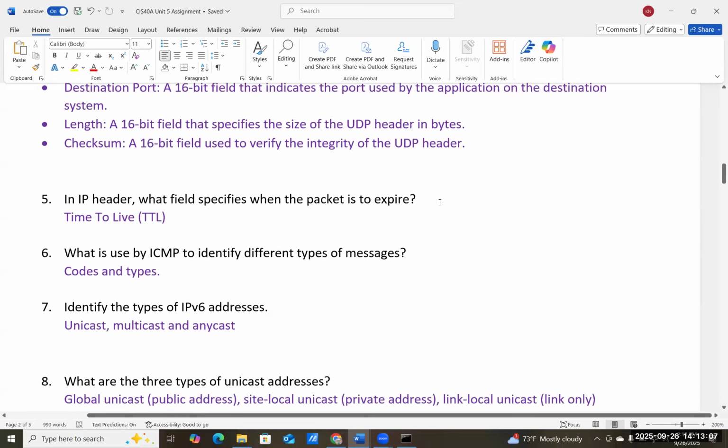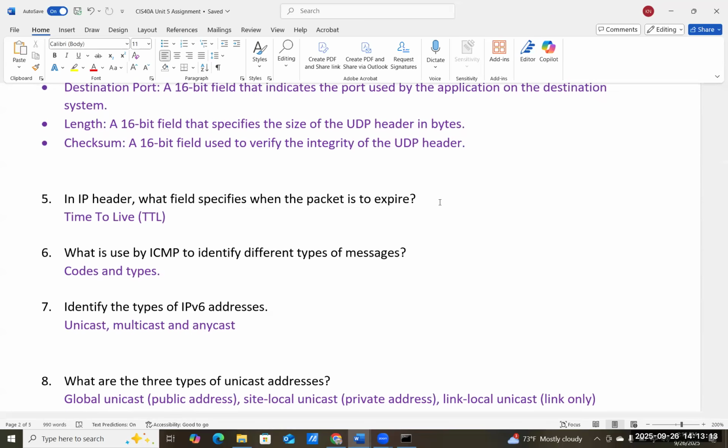Okay, so on the IP header, the field that specifies when the packet expires, which you saw on my ping, is time to live, right? Now, ICMP is used for pinging services, checking system connection status.